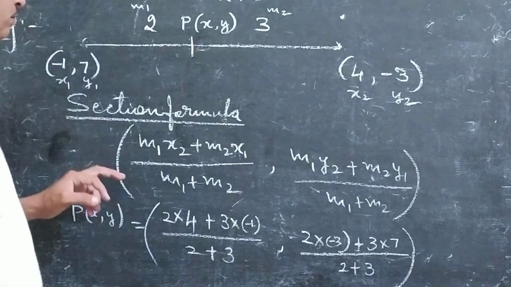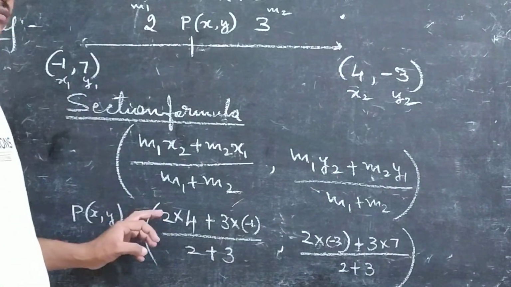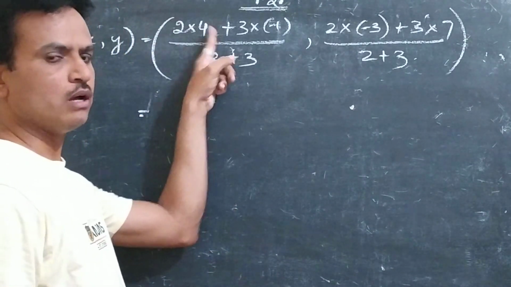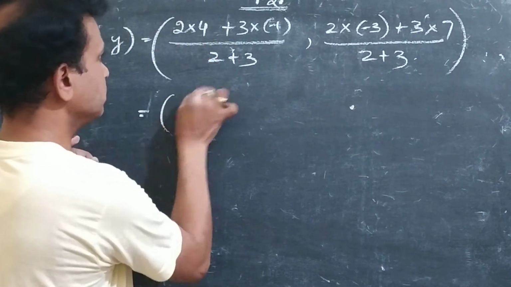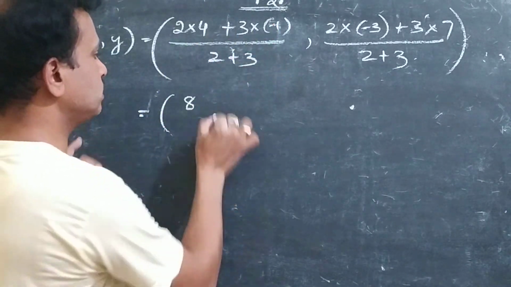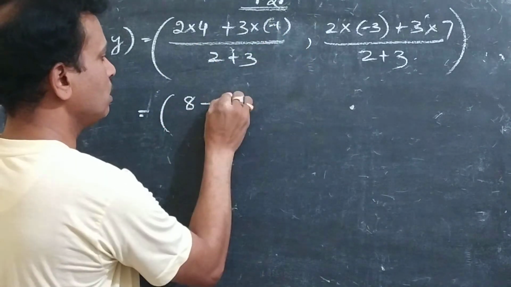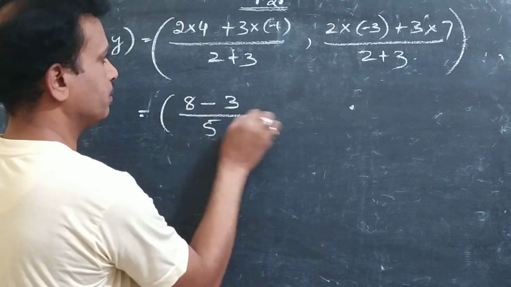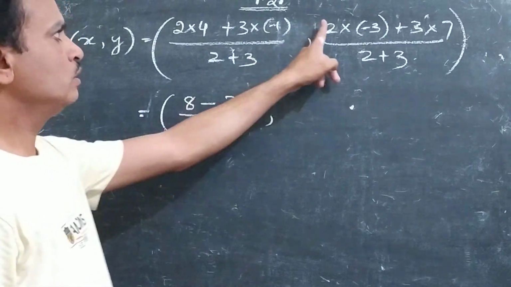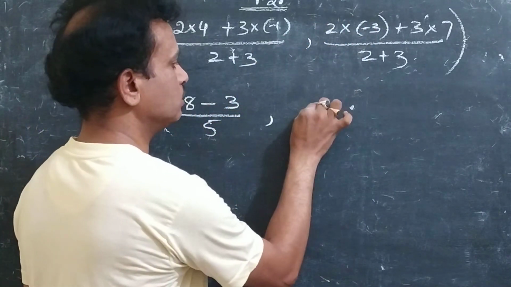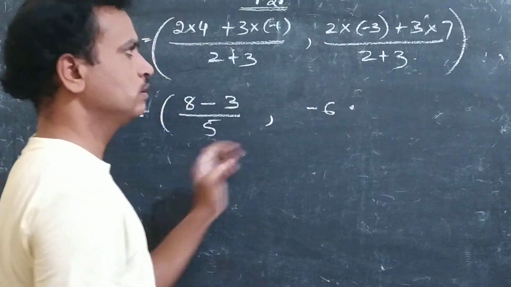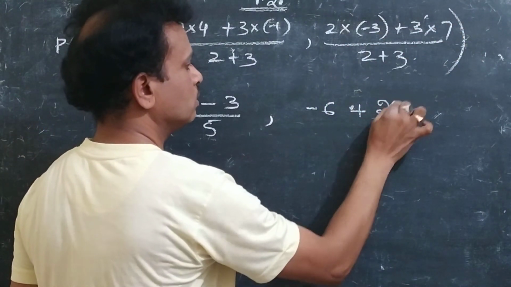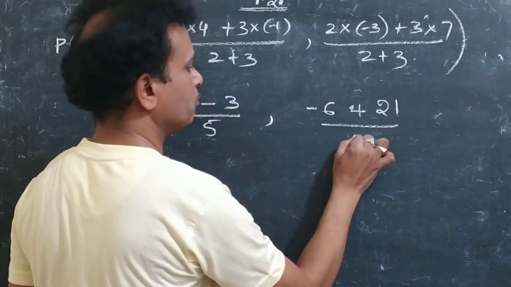Then multiply: 2 fours are 8, plus into minus, minus 3 ones are 3, divided by 2 plus 3, which is 5. Then 2 threes are 6, so minus is there, keep minus. Then plus 3 sevens are 21, divided by 5.